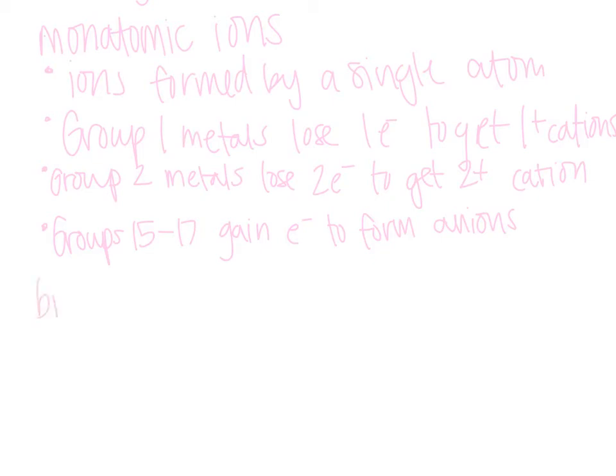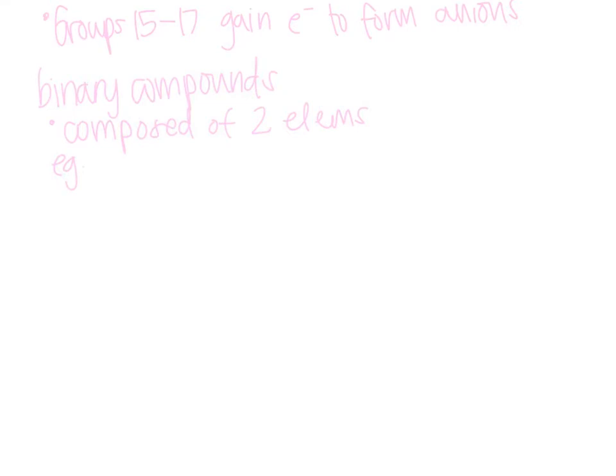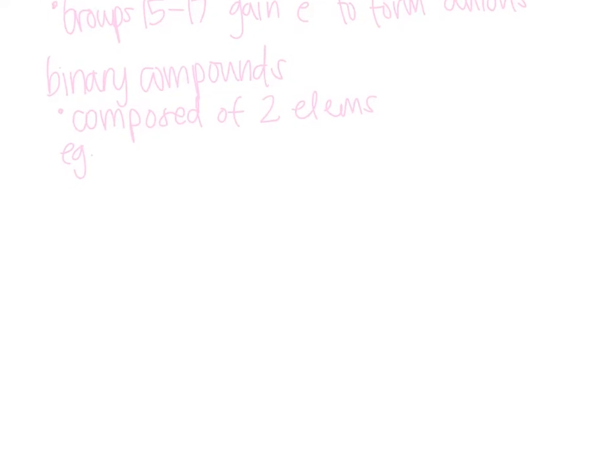And then we have binary ions, or binary compounds. And if we remember from our bio terms, bi means what? It means 2. So binary compounds are composed of 2 elements. For example, if we have aluminum and we have oxygen.